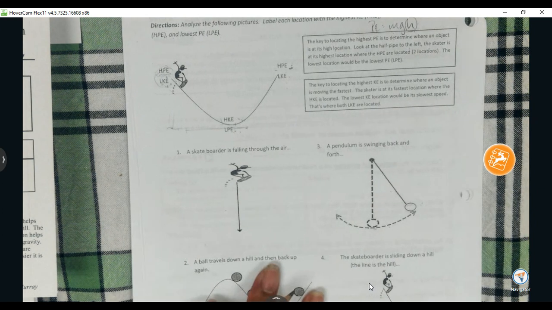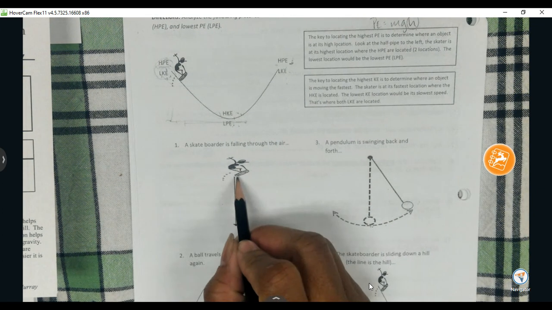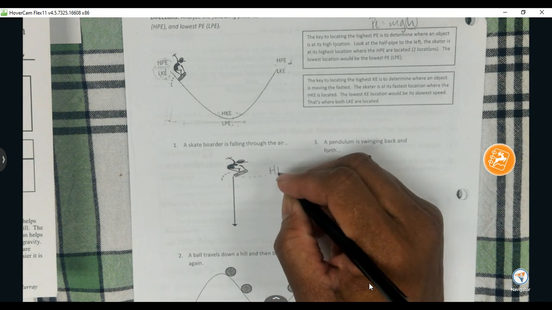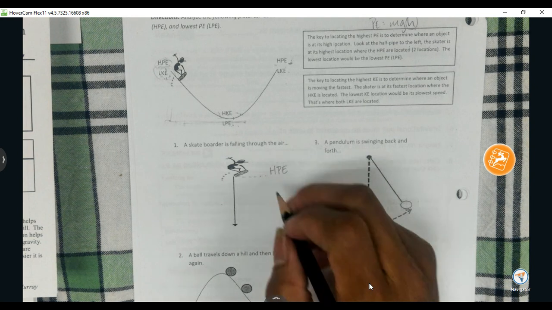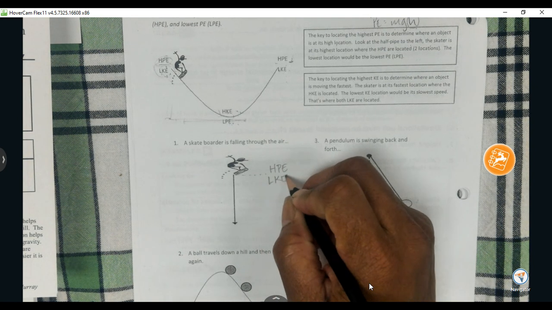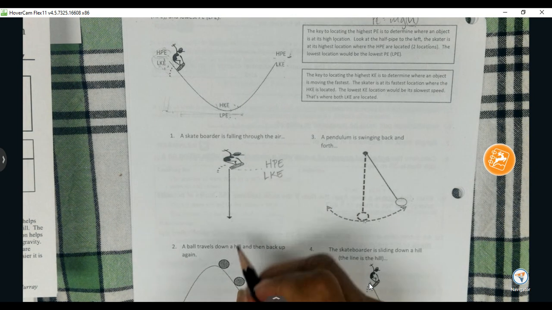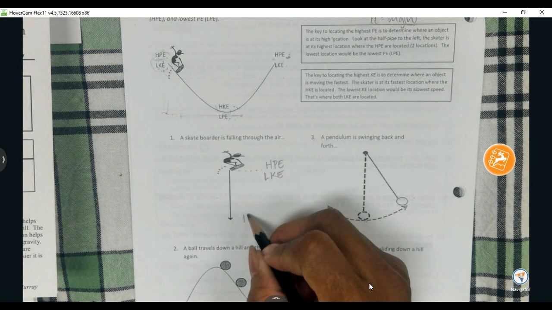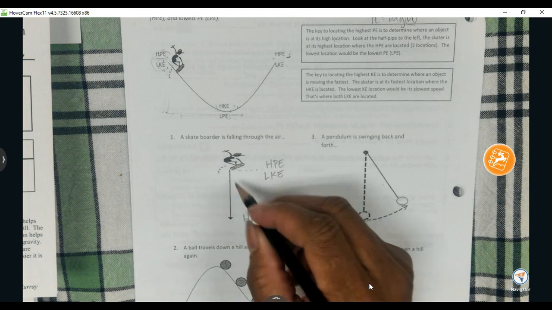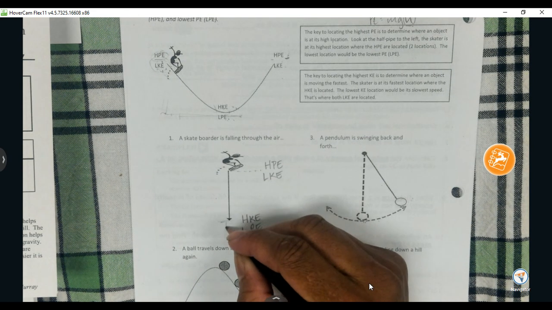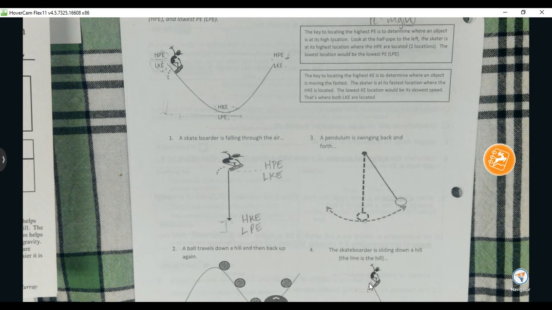So I did number 1 with the class. At this place, the highest point is where he or she would have the highest potential energy and the lowest kinetic energy. When he falls to the ground or closer to the ground, he'll have the highest kinetic energy because he'll be moving the fastest, and the lowest potential energy because the height will be the least in terms of distance from the ground.